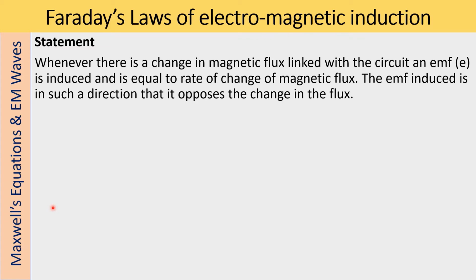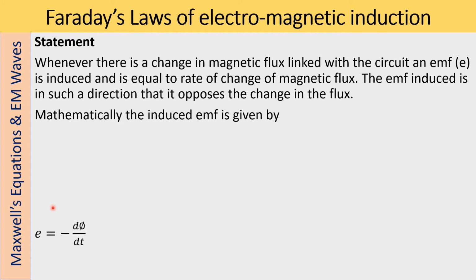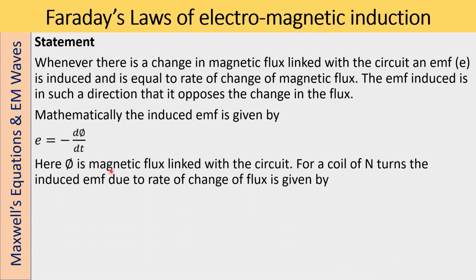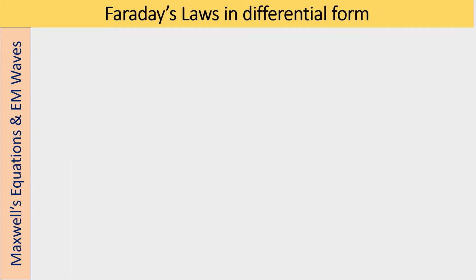The EMF induced is in such a direction that it opposes the change in the flux. Mathematically the induced EMF is given by E is equal to minus d phi by dt, where phi is the magnetic flux linked with the circuit. For a coil of n turns, the induced EMF due to the rate of change of flux is given by E is equal to minus n into d phi by dt.